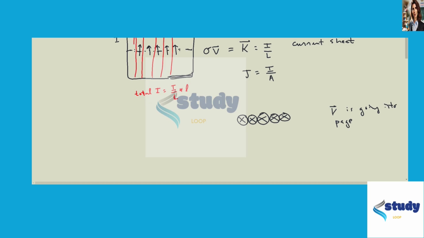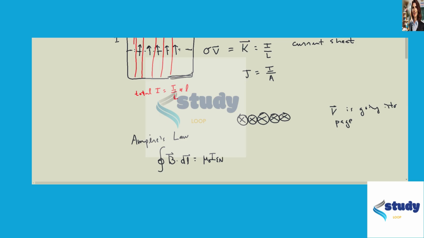And what Ampere's law says is that the magnetic field going around a closed loop, projected onto that path with a line integral, is mu naught times the total enclosed current.